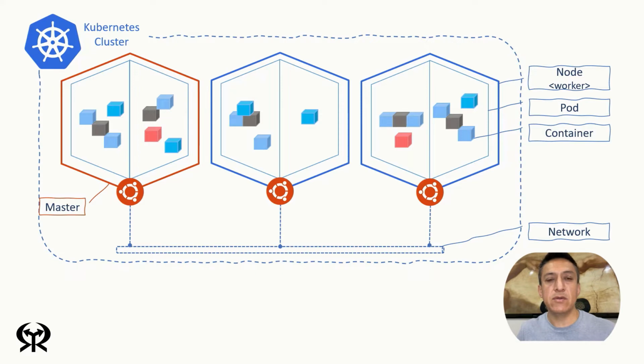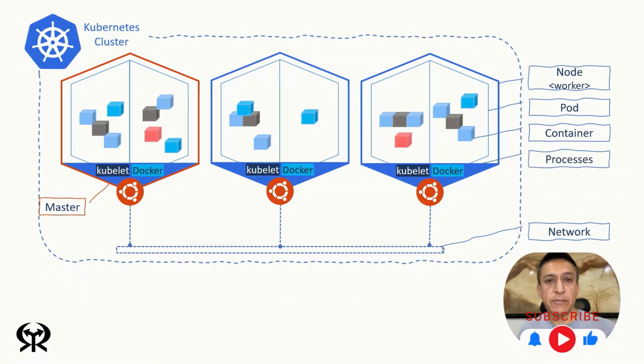It will depend on the use case how many containers you have in a pod. Normally, you may have one container per pod, and it's normal as well to see that some pods have more than one container. It will depend on the use case and the application that you are installing in the cluster.